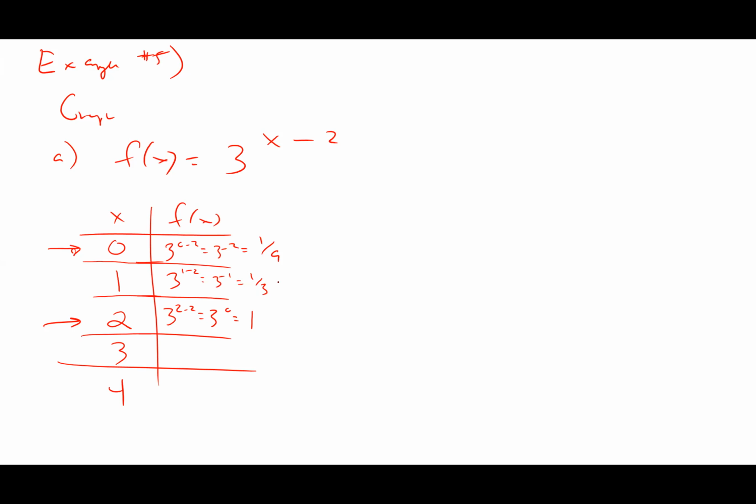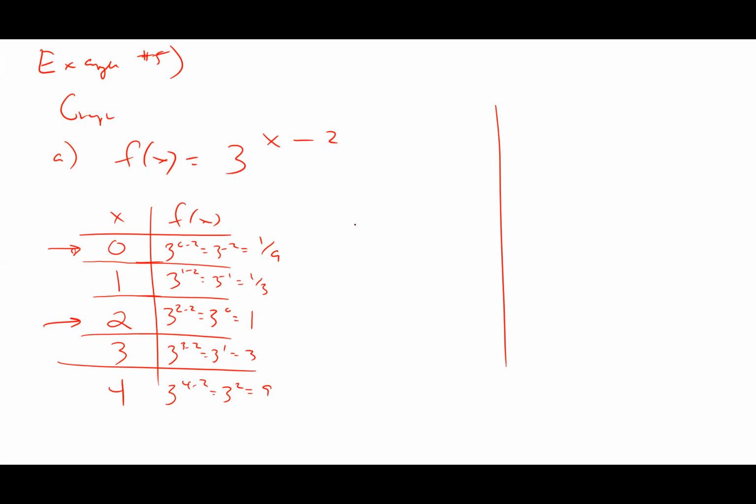All right, can you go the other way now? 1/9, 1/3, 1. Boom. What do you say? 3 and 9, is that right? I'll even do the work here though. 3 to the 3 minus 2 is 3 to the 1, which is 3. 3 to the 4 minus 2, which is 3 squared, which is 9.